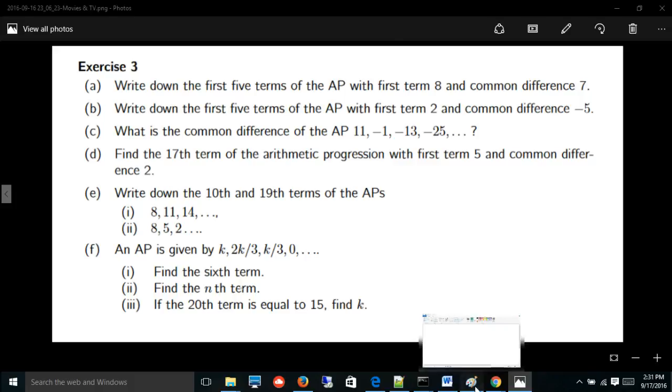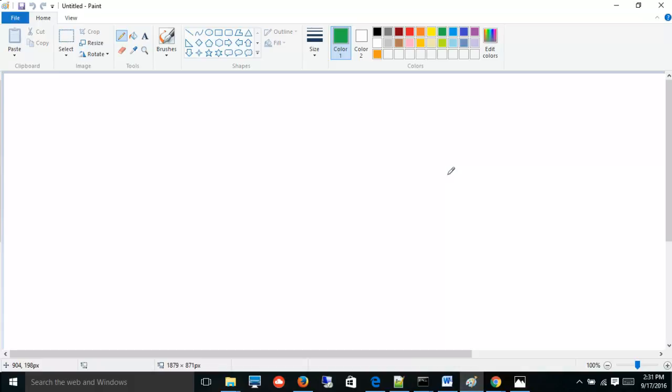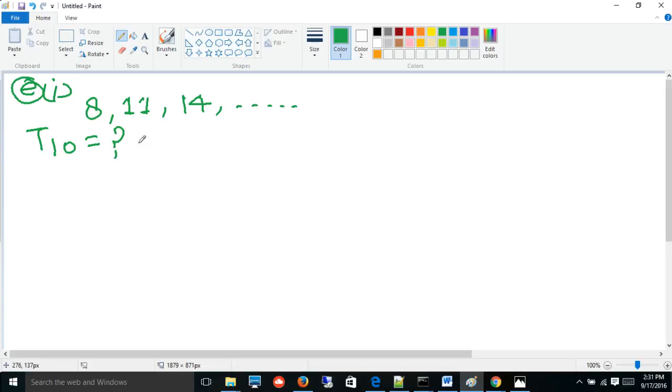So we will come here first. We will write down the series here. Question number E, first part. What is the series? The series is 8, 11, 14, and so on, and we have to calculate T10 and T19.